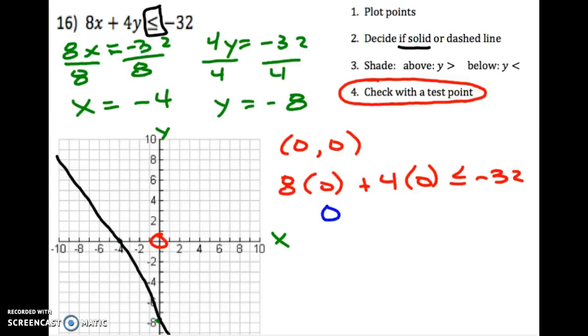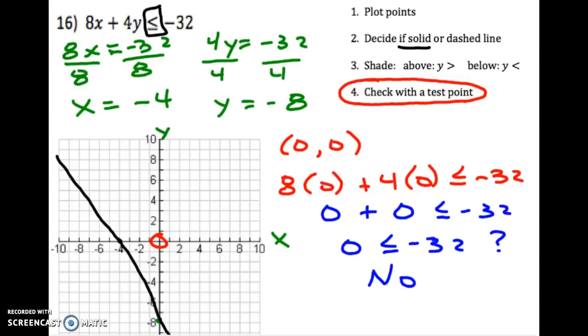Well, 8 times 0 is 0, 4 times 0 is 0. So the question becomes, when we do 0 plus 0, is 0 less than or equal to negative 32? The answer is no. So this is not in the shaded area, which means you want to shade the opposite side of the line.